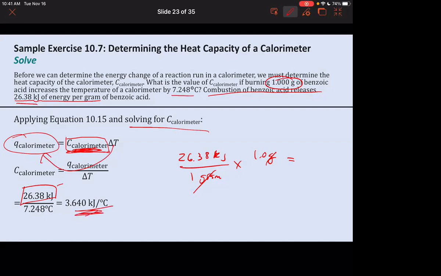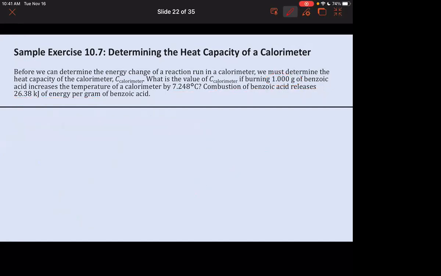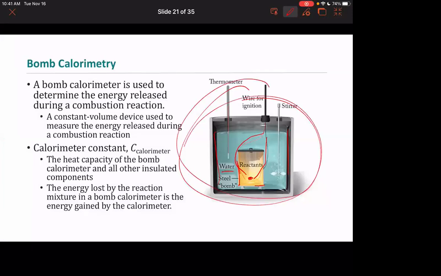That gives me this. Now I can use that value anytime I want to use this system. I know the heat capacity of the calorimeter, so I can figure out how many calories were in that piece of food, or how many kilojoules of energy in that piece of food or fuel.